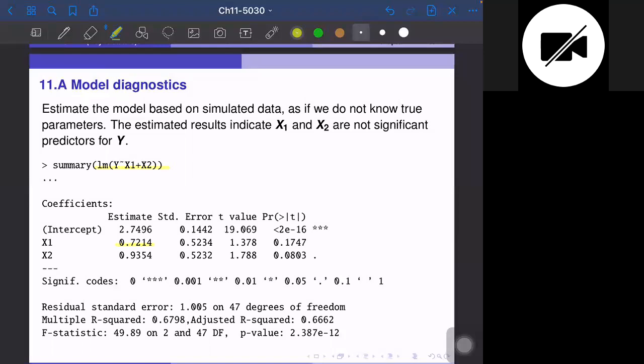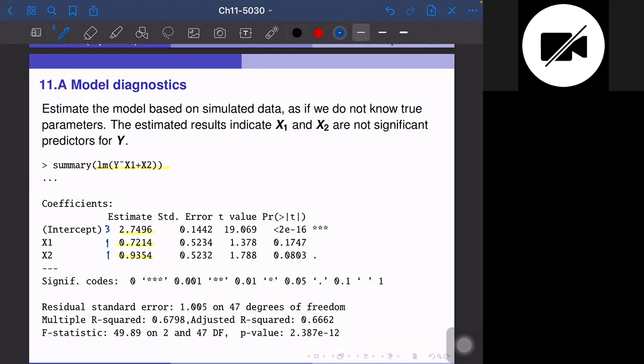The coefficient of x1 is 0.72 and the coefficient for x2 is 0.93. The intercept is fine anyway, and the true numbers are 3, 1, 1. So it's kind of reasonable. It's slightly off, but we only have 50 observations, so it's not a very reliable estimate.